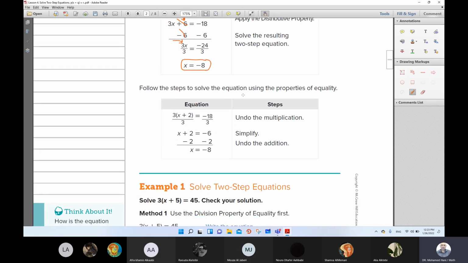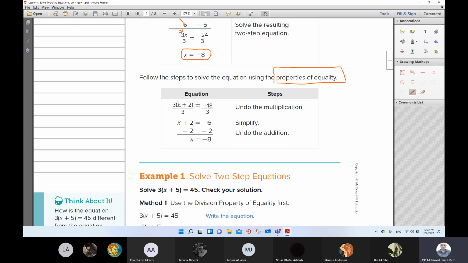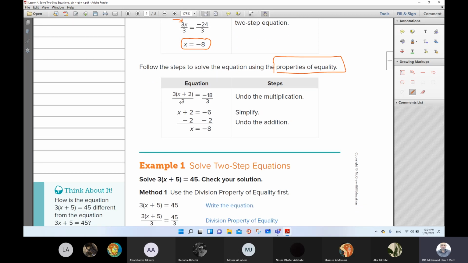Follow the steps to solve the equation using the properties of equality. We have the second method to solve the same equation using the properties of equality. We have the same equation here, 3(x + 2) = -18. To solve this equation, we can remove 3 from this side.